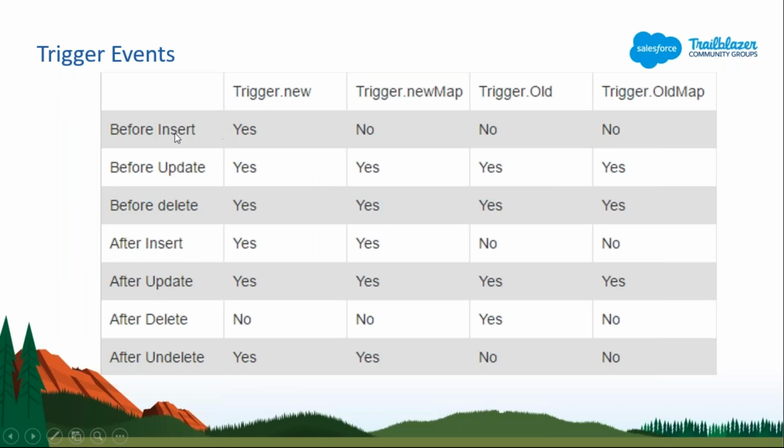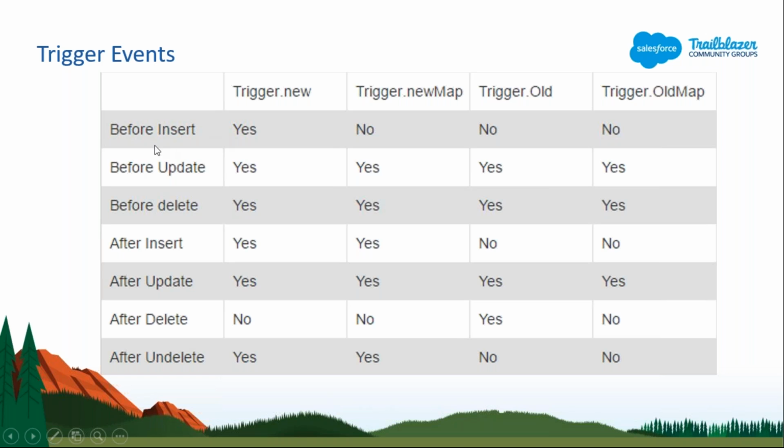In the case of before insert, it will give you the list Trigger.new, but it will not give you Trigger.newMap, because before inserting, the record has not been inserted yet, so that ID will not be available for this map. If there is no key, there is no use of the value. If we don't have any key, we can't access the value, so Trigger.newMap will not be created.